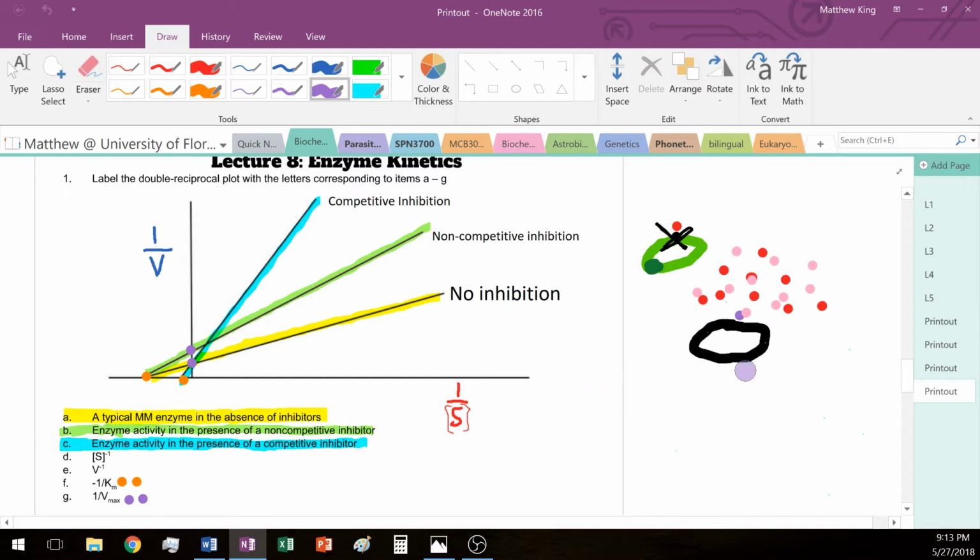So theoretically, even though there are annoyances around, the maximum velocity that this enzyme could achieve is the same for competitive inhibition and no inhibition, because it's still only dependent on the red dots over here, the normal substrate binding to that purple active site that we have right there. So that's why competitive inhibition and no inhibition are going to have the same Vmax.